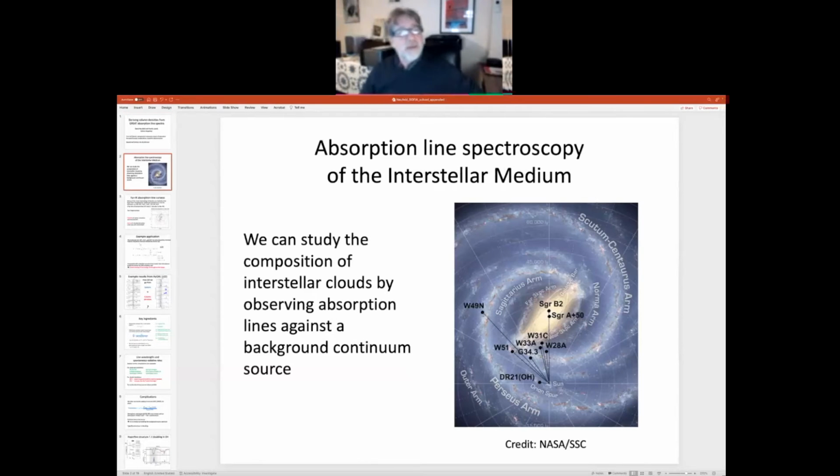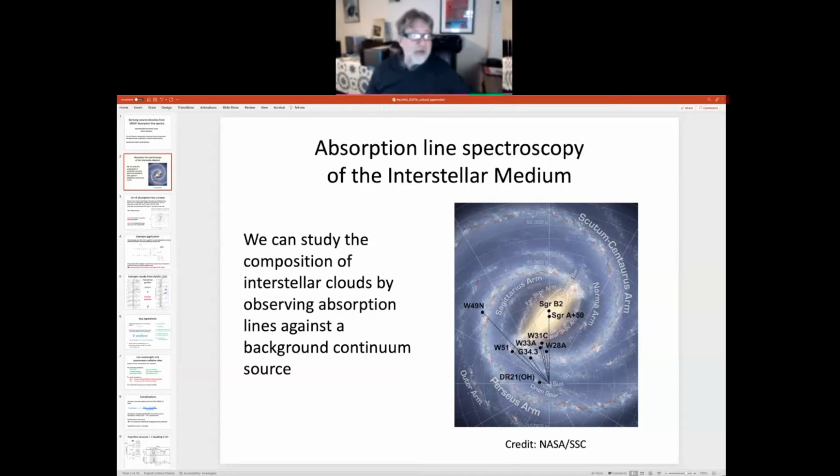Absorption line spectroscopy is a very powerful tool for studying the interstellar medium, because we can study the composition of interstellar clouds by looking at background continuum sources that act as a laboratory lamp, and then we can analyze the material in front of that lamp, which may lie in a series of spiral arms between us and the source.